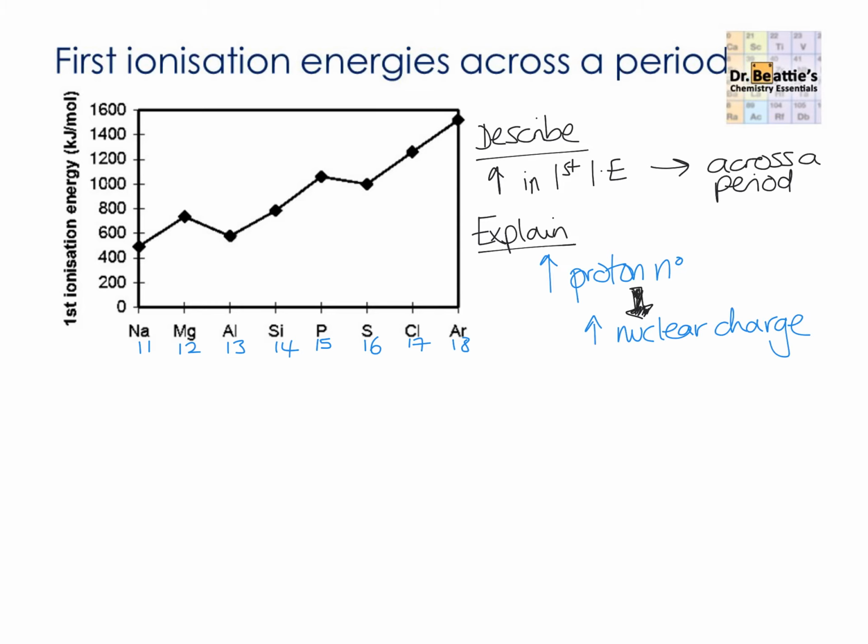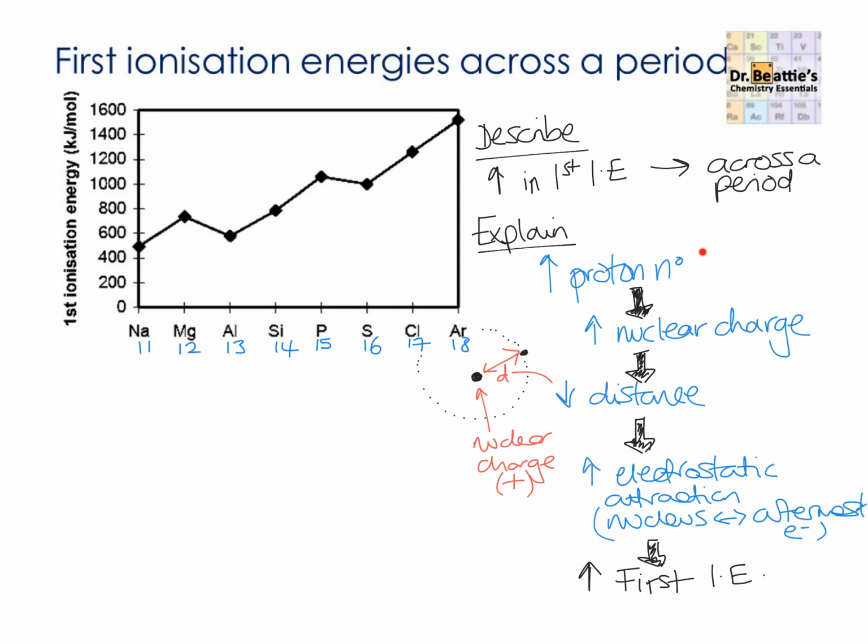This increase in the nuclear charge then means there's more positive charge in the nucleus, and so it has a strong electrostatic attraction to the outermost electron. So it decreases the distance between the outermost electron and the nucleus. And so this increase in nuclear charge and its effect on the decrease in distance means more energy is required to remove this outermost electron from the atom.